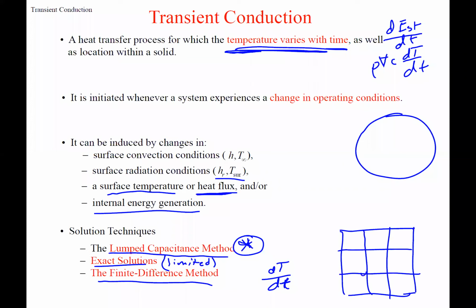Instead, you would apply the COE, or the heat equation, to each of those points of the grid or mesh that you create, using the finite difference method for numerical approximation.